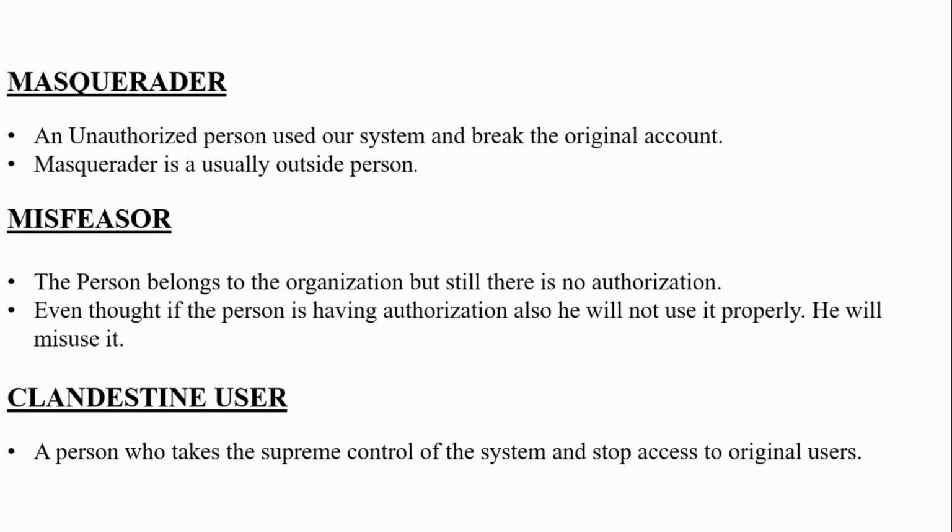Next, a misfeasor is a person who belongs to the organization but has no authorization, or if there is authorization, he will not use it properly; he will misuse it. Next, a clandestine user is a person who takes supreme control of the system and stops access for the original user.